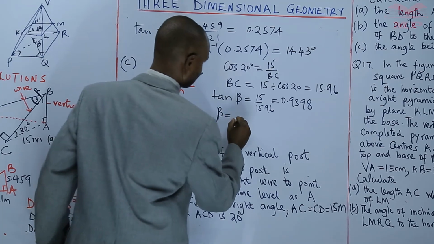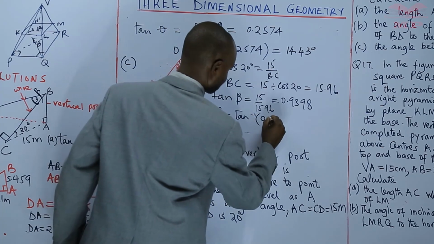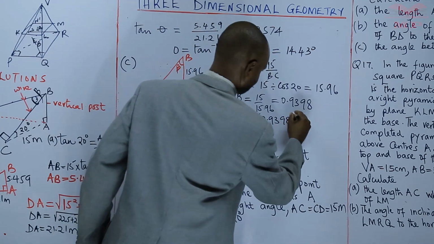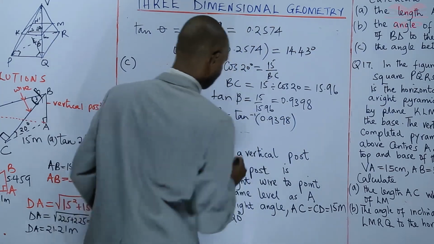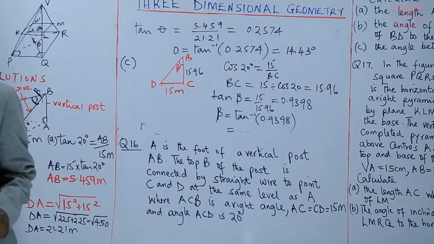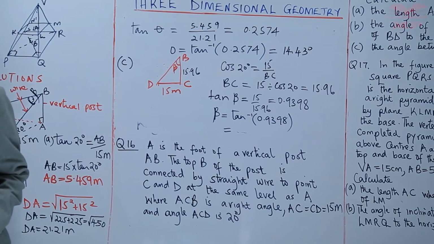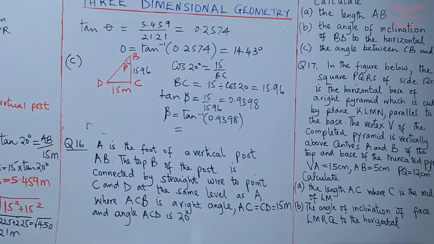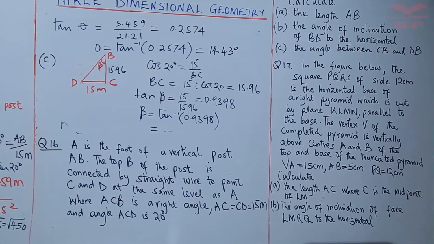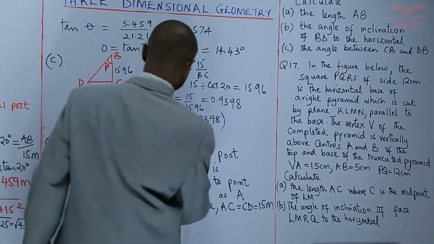So that angle in question, beta, will be equal to tan inverse 0.9398. And that angle of inclination, move to tan inverse 0.9398. It gives you 43.22 degrees.